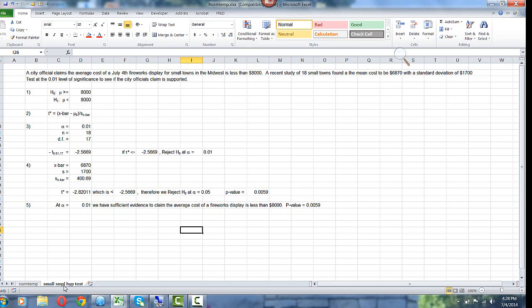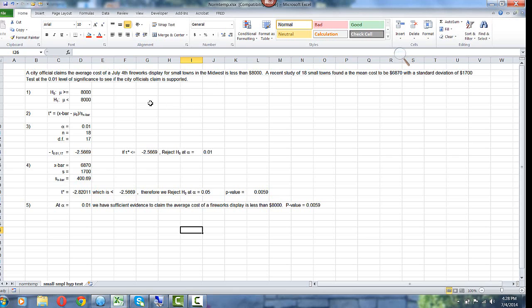Test at the 0.01 level of significance to see if the city official's claim is supported. So there's a directional claim there, less than 8,000. So that's our alternative hypothesis: mu is less than 8,000. Okay, because of this directional.